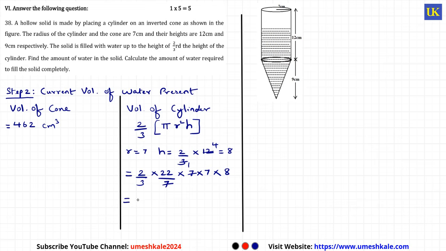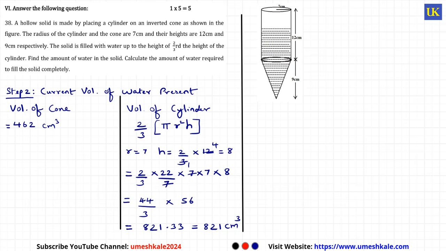So 44, we are multiplying these two things. 44 into 3 into 7 into 8, 6, and now we can solve this further, and what we'll get is 821.33, which is nothing but 821, we can round off it, centimeter cube.